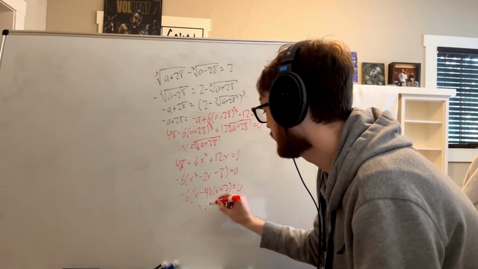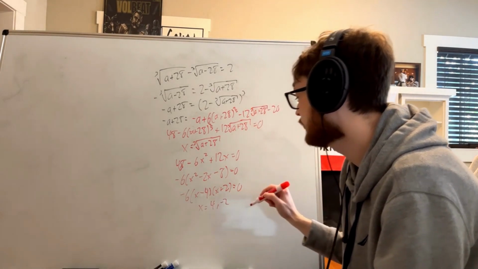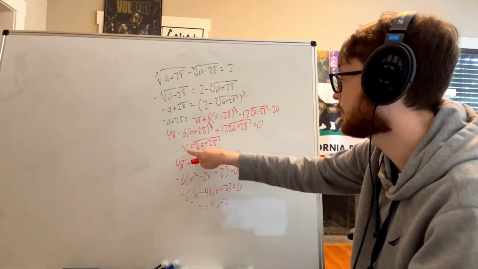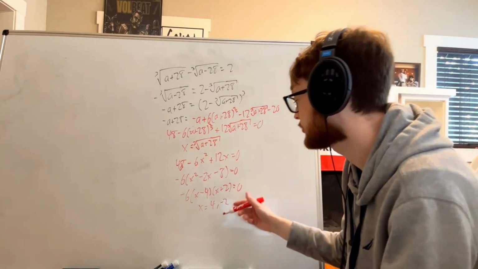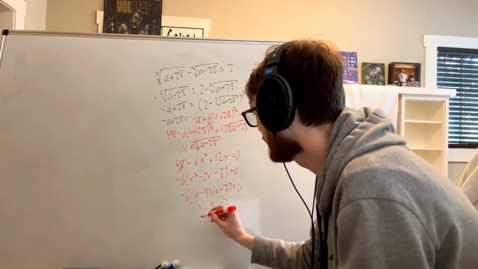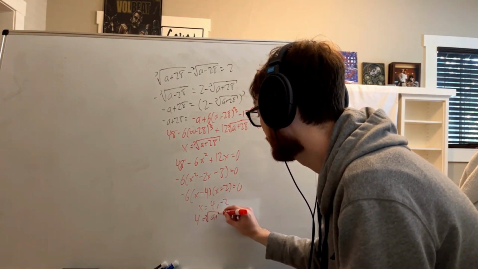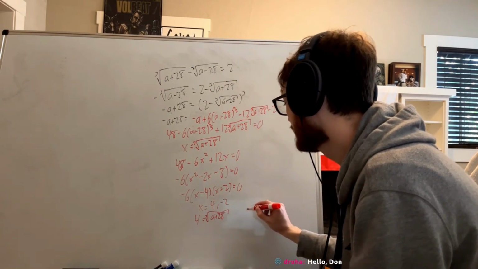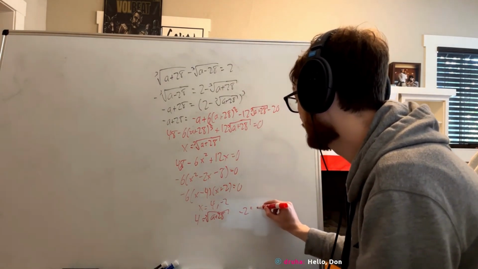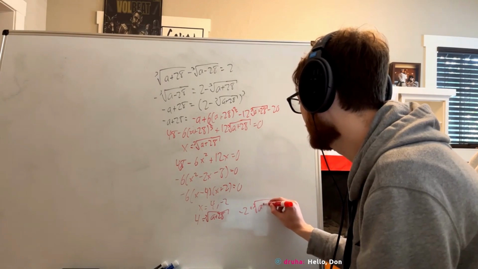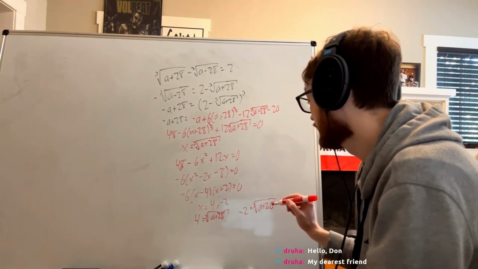So x equals 4, negative 2. Now we have to remember this substitution to actually get what a is. So we have 4 is equal to cube root a plus 28. And we have negative 2 is equal to cube root a plus 28.